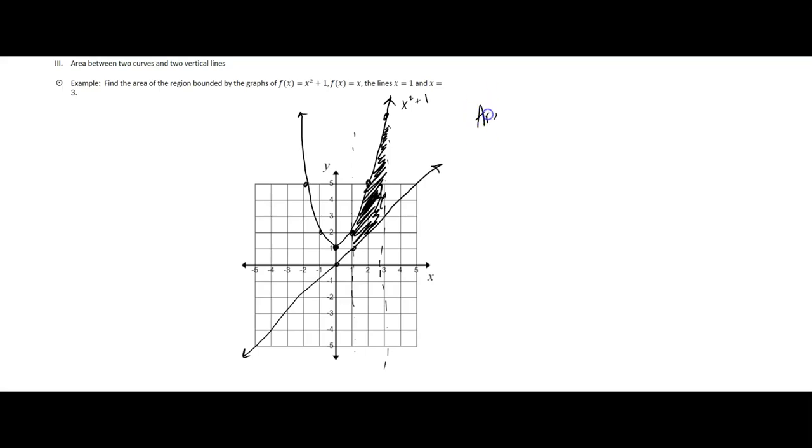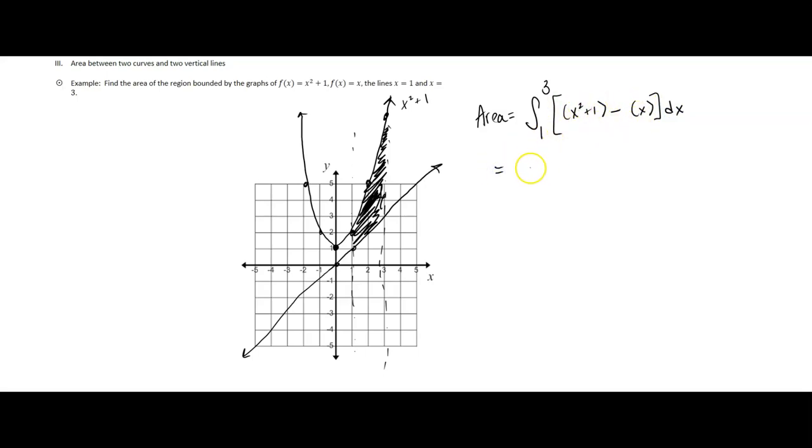So my area will be the integral from 1 to 3, because those are my bounds, of f of x, which is the higher curve, x squared plus 1, minus g of x, which is the lower curve, all with respect to x. And this is a really easy integral to calculate.